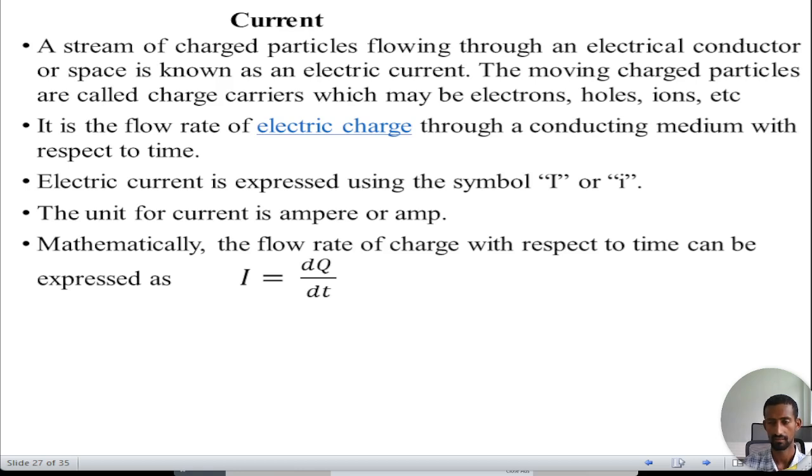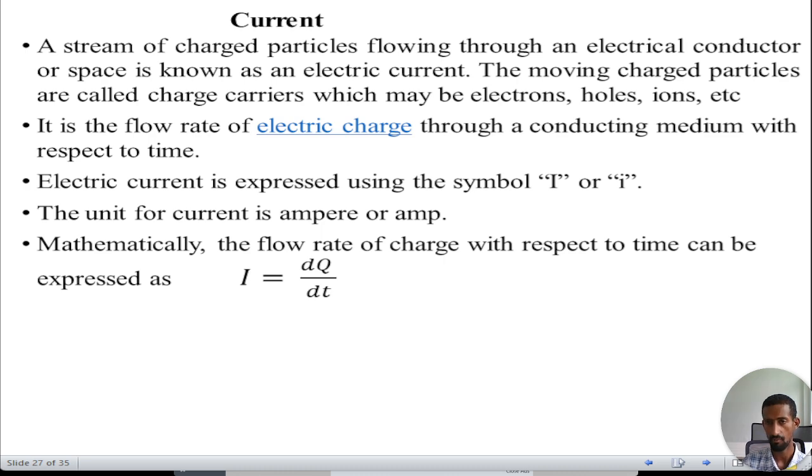What is current? Current is a stream of charged particles flowing through an electrical conductor or space. The moving charged particles are called charge carriers, which may be electrons, holes, and ions. In conducting material, the electrons are the main charge carriers. In semiconductor materials, it may be electrons or holes. In electrolytes, it may be ions.